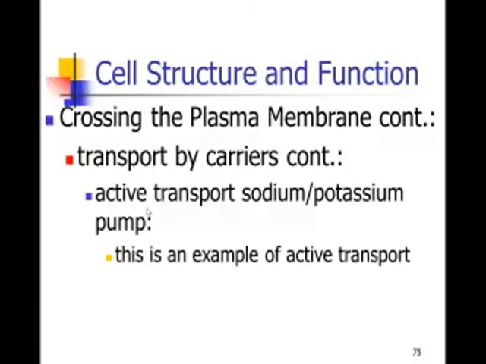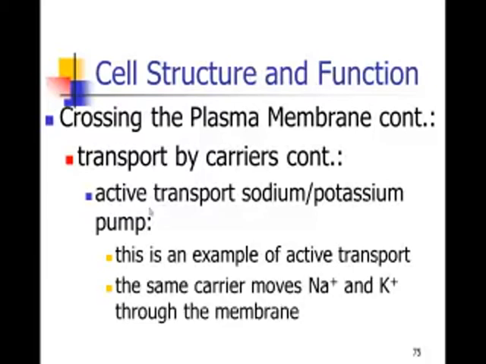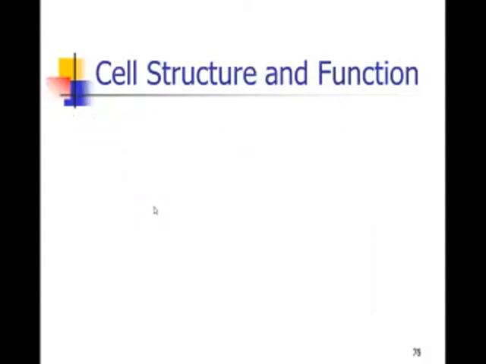So one of the important active transport mechanisms that we have in cells is the sodium-potassium pump. This is hugely important in nerves and in muscles. The same carrier can move the sodium and the potassium through the membrane, except it moves them in different directions.